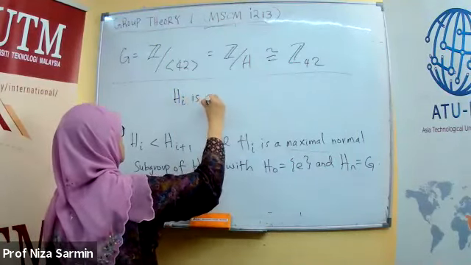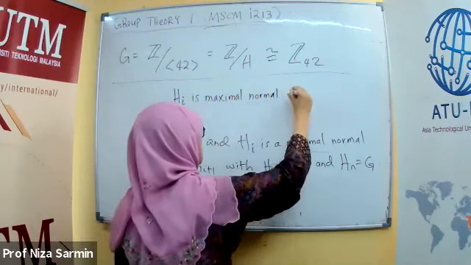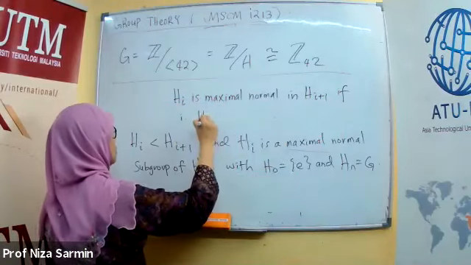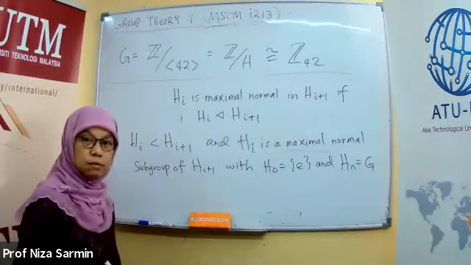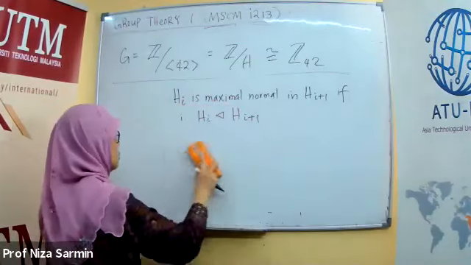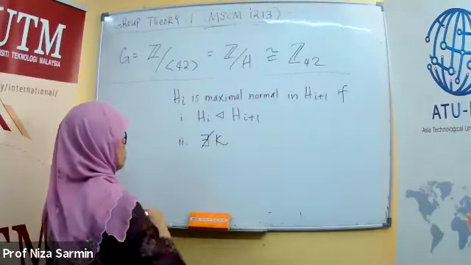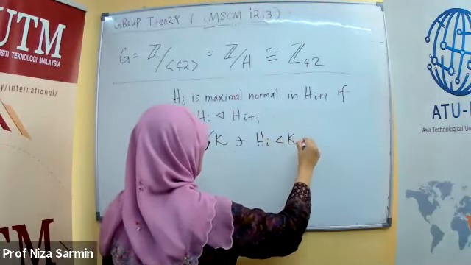Hi is maximal normal in Hi plus 1 if Hi is normal in Hi plus 1 and there is no K such that Hi is in K and K is normal in this.